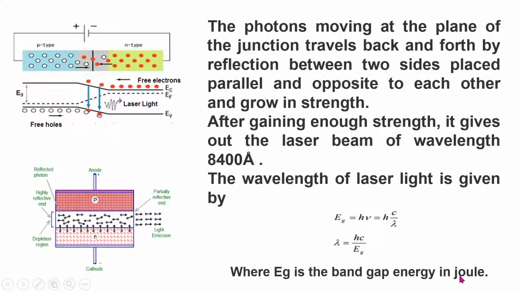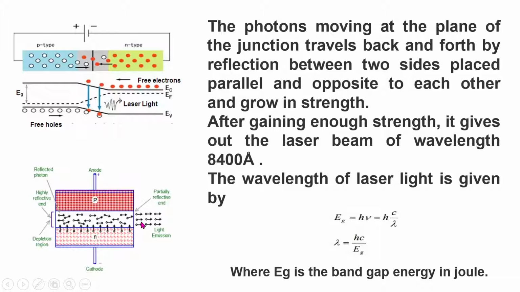By substituting the value of nu, we get that Eg is equal to h into c divided by lambda. Therefore, from this we can calculate the wavelength. If we know the wavelength, then we can calculate the band gap, or if we know the band gap of that particular material, then we can calculate the wavelength. And so here lambda is equal to hc divided by Eg. So remember here Eg is the band gap energy.